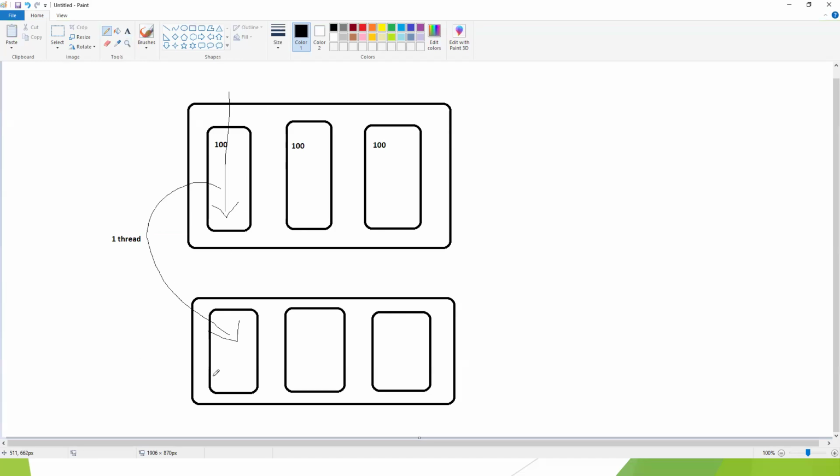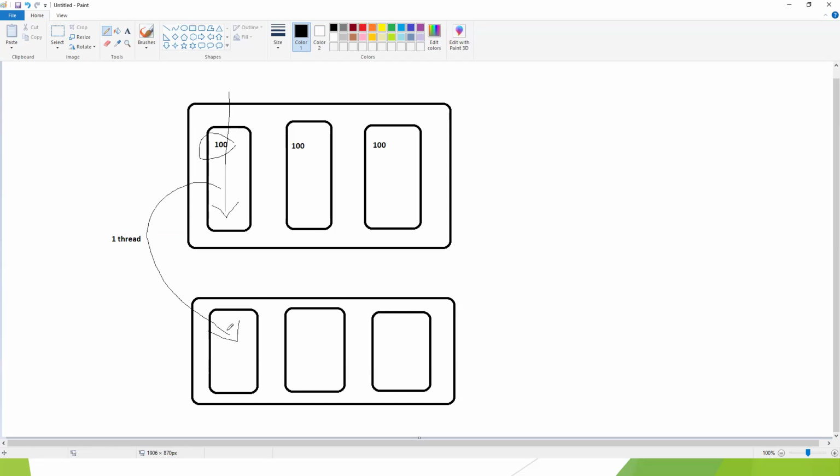Whenever the thread comes out of the CPU, another thread out of the 99 will go and execute on the CPU. Earlier, when there was no SQL operating system, what would happen?